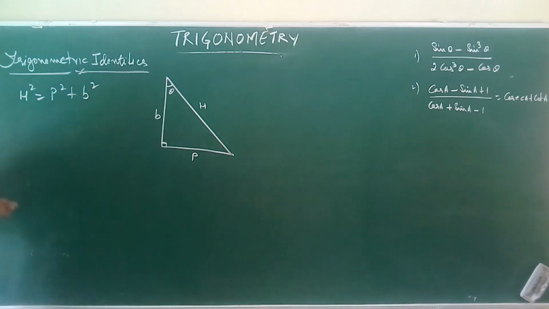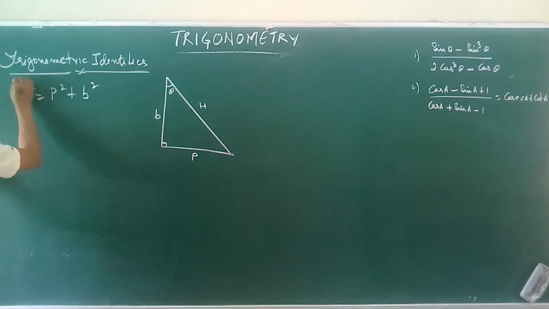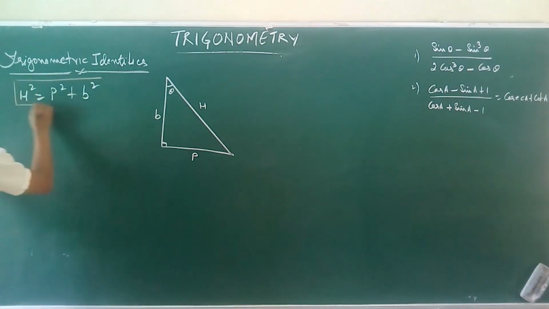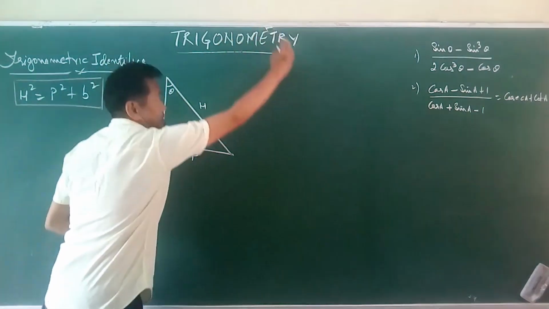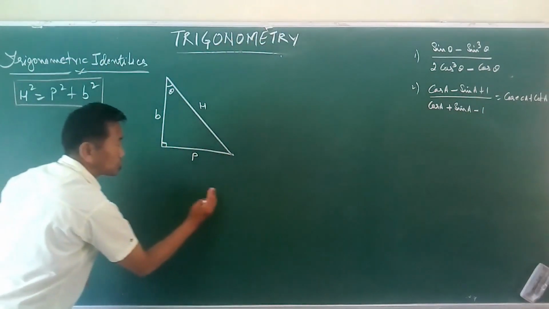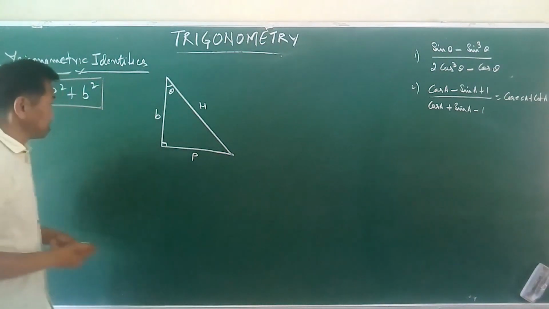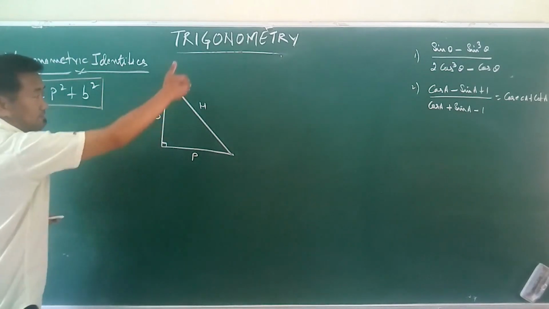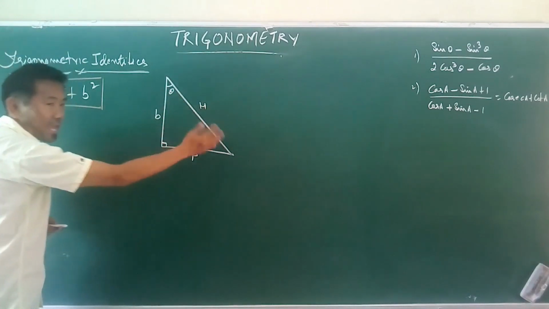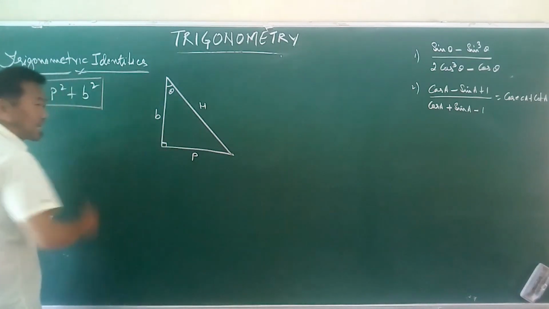So this is the Pythagoras theorem, isn't it? Which means the hypotenuse square is equal to the sum of the squares of the other two sides. Now, I'm going to divide this equation, first by h square, and then we take another.